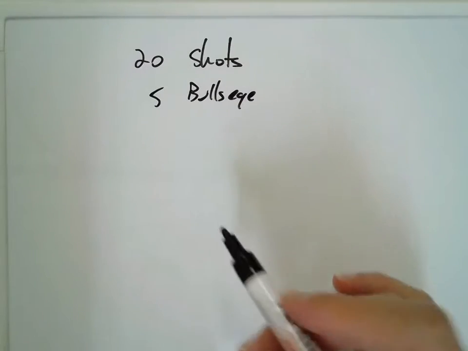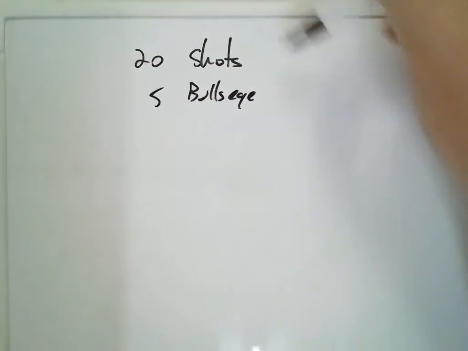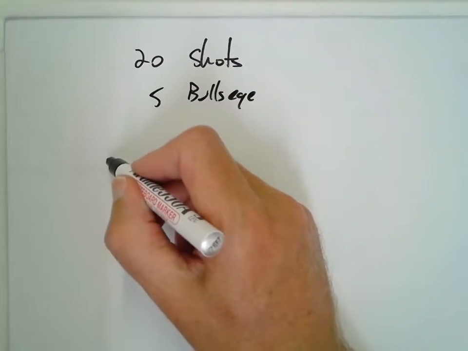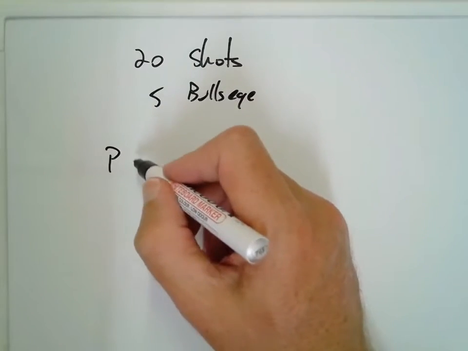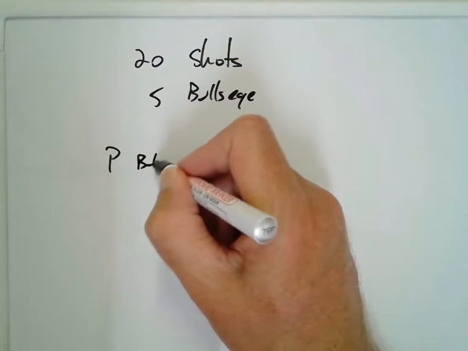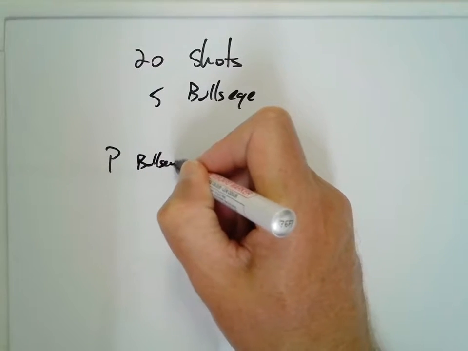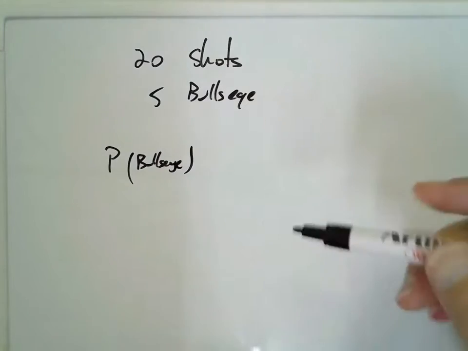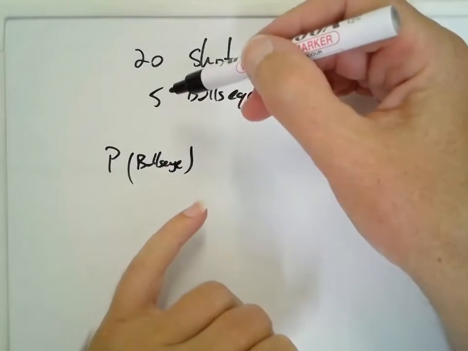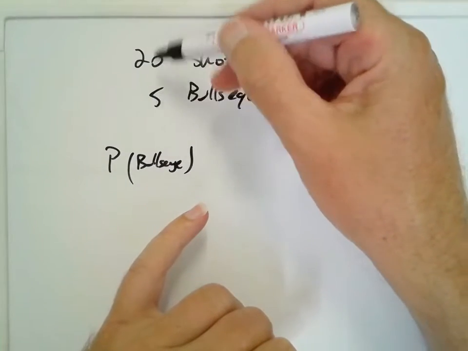So if the question was, okay, given that that's happened, what's the probability now that Finnig shoots a bullseye? I've just shot 5 out of 20 shots.